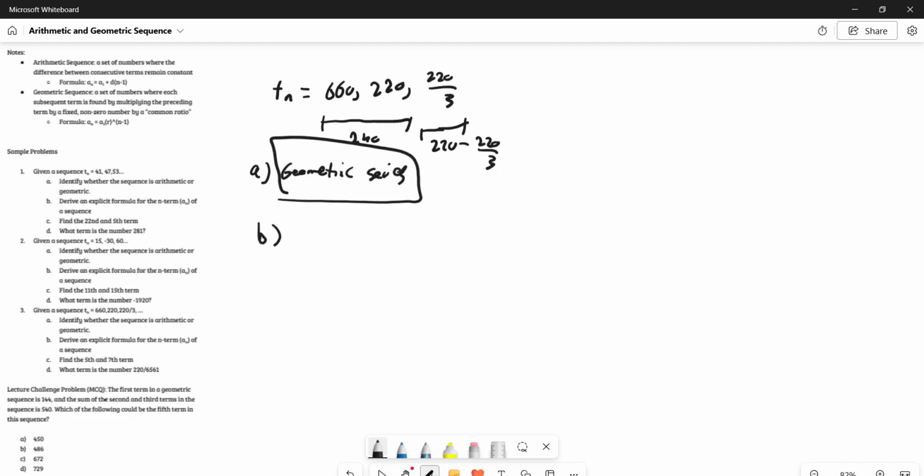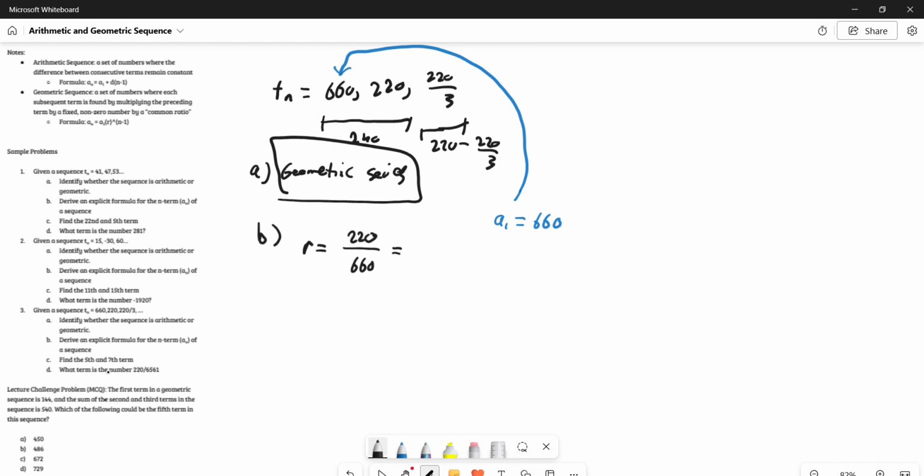Part B, derive a formula. Okay, so based off what is given, the first term is going to be t sub 1 is 60. Now, to find the ratio, you could take the preceding term of 60, which is 20, divided by 60.